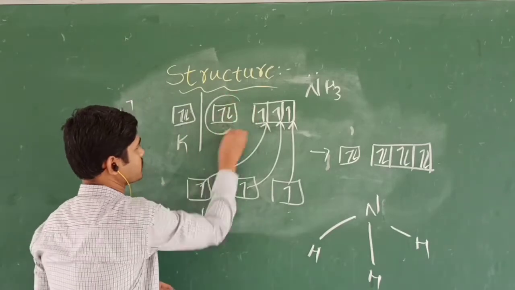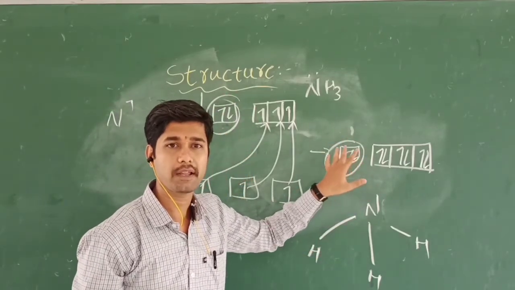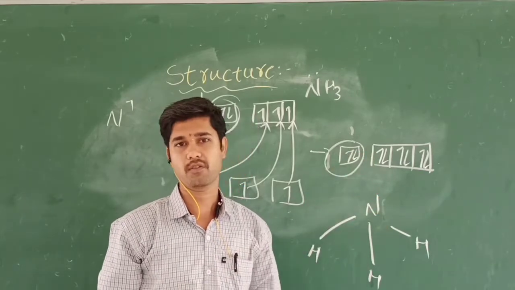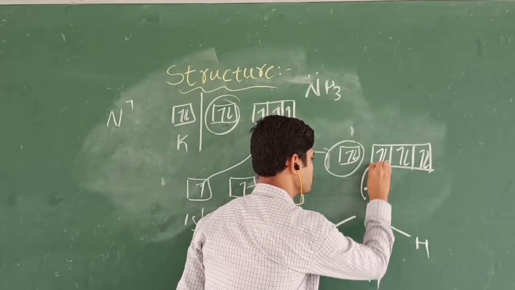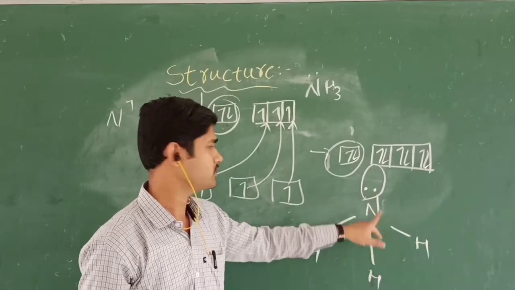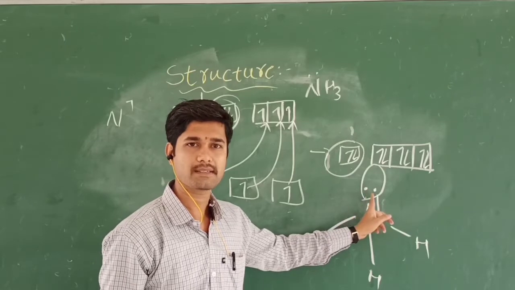Whatever electrons remain are non-bonded electrons, or we simply call them an unshared pair of electrons. Unshared is nothing but a lone pair of electrons. Due to the presence of this lone pair of electrons on nitrogen, it acts as a base.